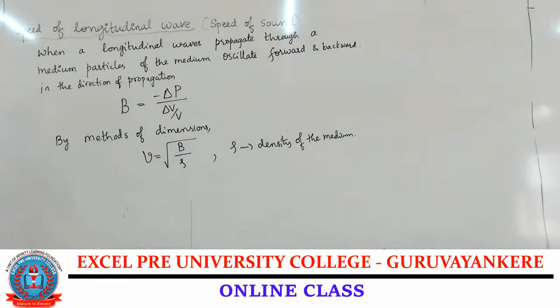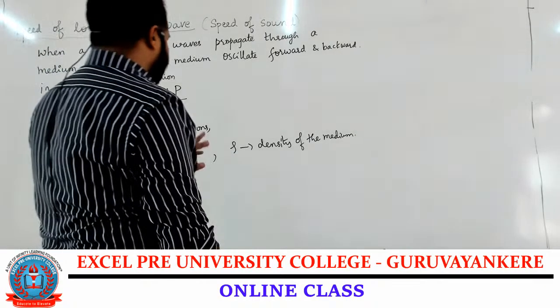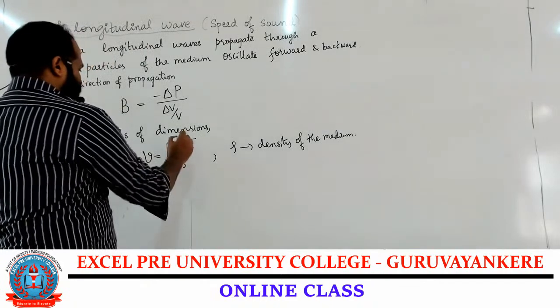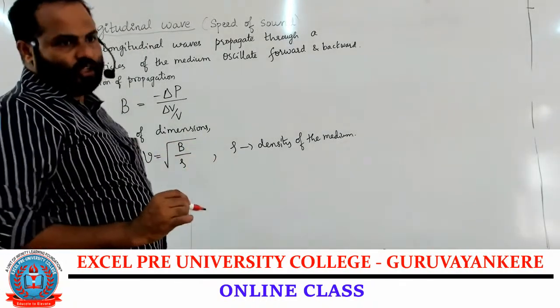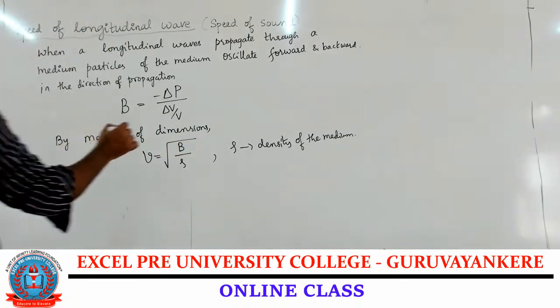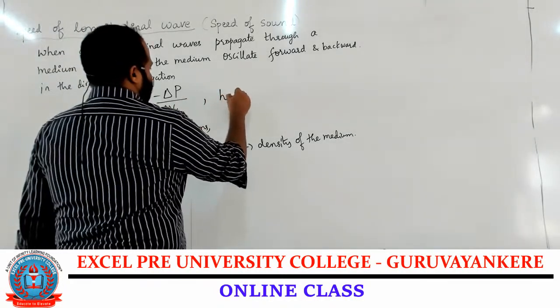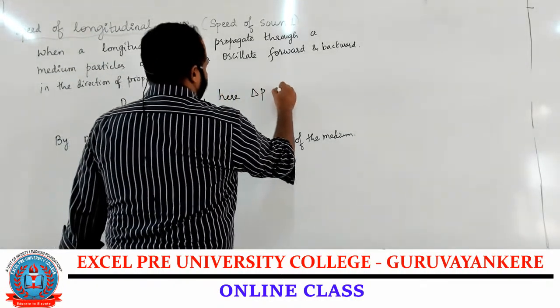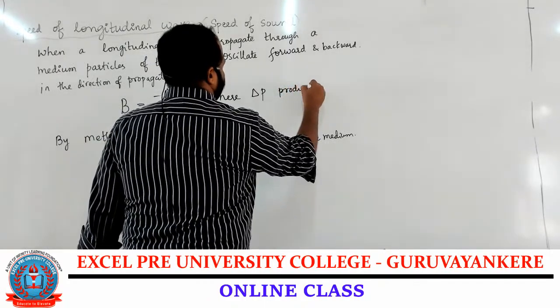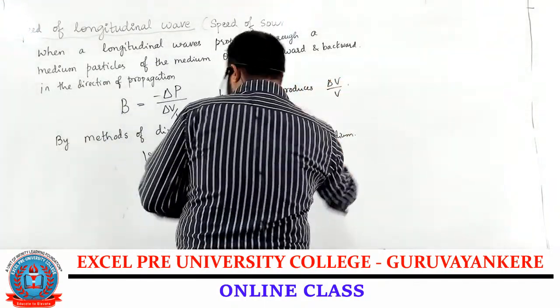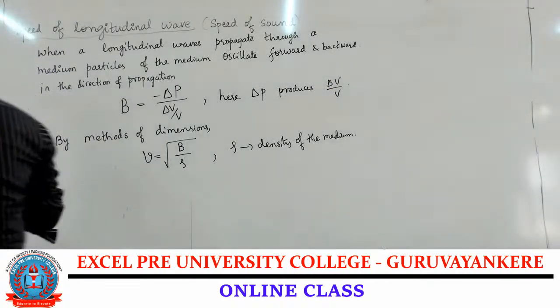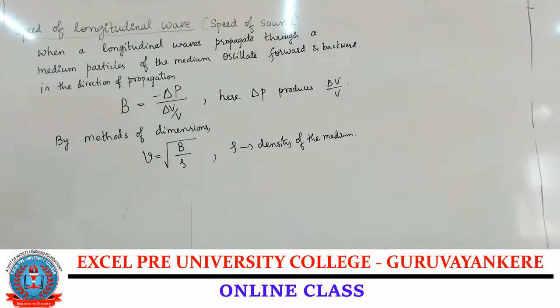So this is the velocity of longitudinal waves in a medium, where B is its bulk modulus, rho is density of the medium. Here the change in pressure delta P produces volume strain delta V by V.